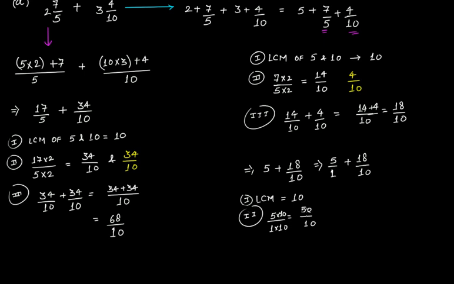So this will be 50 over 10, and no need to convert this one into an equivalent fraction because 10 is the LCM and it's already 10 as the denominator of this fraction, so this will be 18 over 10. Third step is the addition of these two, that is 50 over 10 plus 18 over 10. If you solve it, then the denominator will be 10, and if you add 50 plus 18, this will give you 68 over 10.